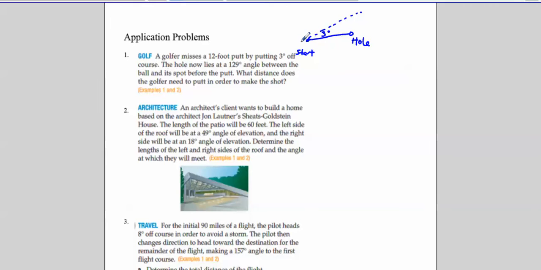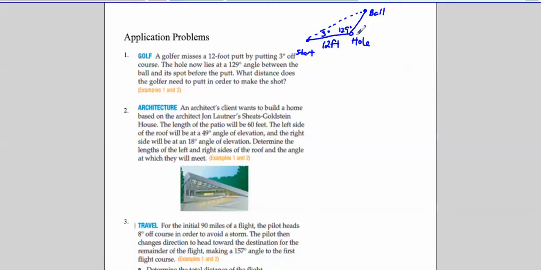It was supposed to be a 12-foot putt, so that would be from the start to the hole, 12 feet. But he went 3 degrees off, and now the hole lies at a 129-degree angle between the ball and the spot before the putt. So if the ball is now over here, then this is 129 degrees.